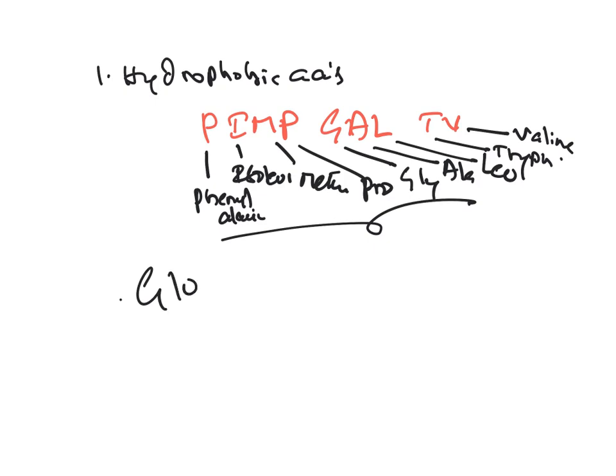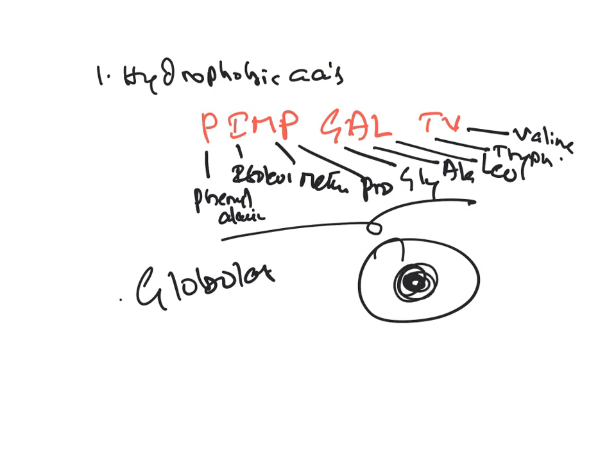In a globular protein, a protein which has a globular shape, all hydrophobic amino acids will be arranged in the interior core of the protein. They are present in the core.